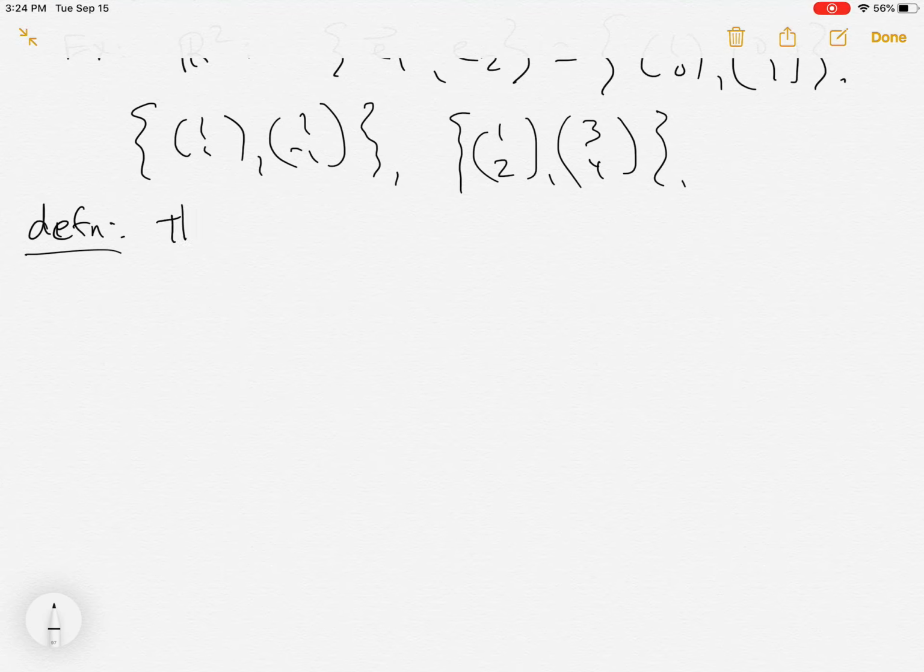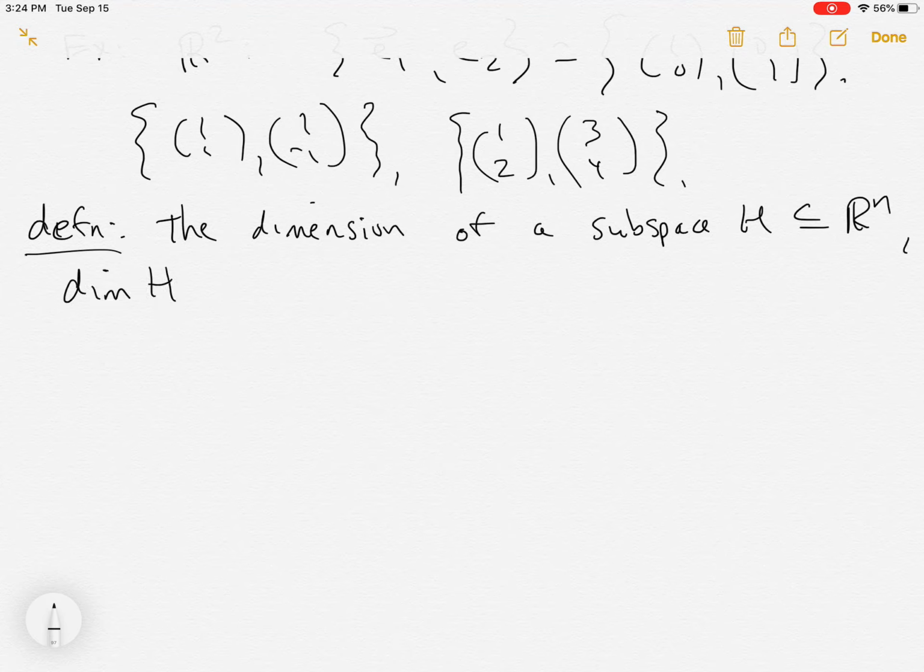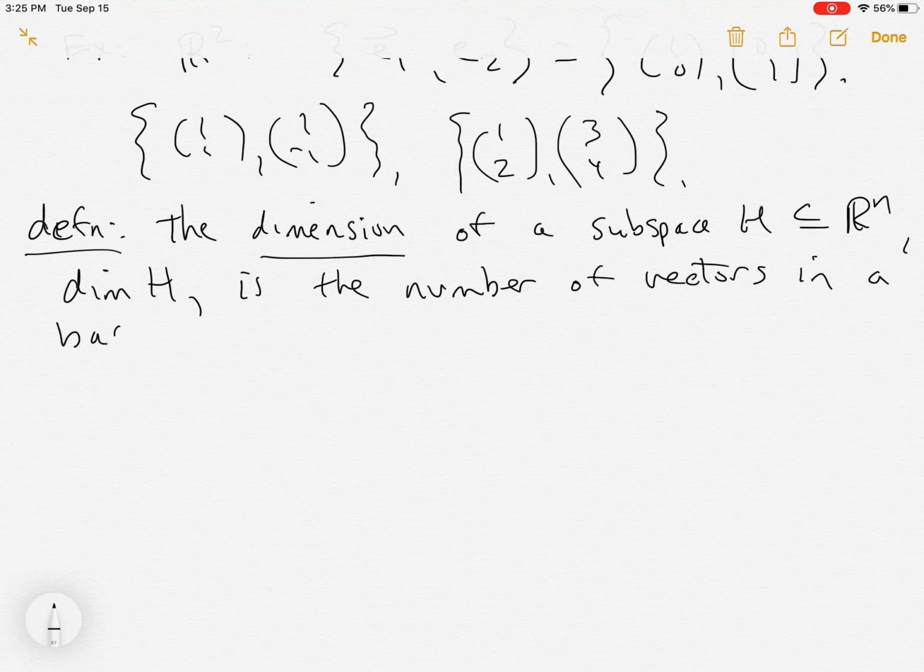The dimension of a subspace H of Rn, which is denoted dim H with no parentheses, is the number of vectors in a basis for H.